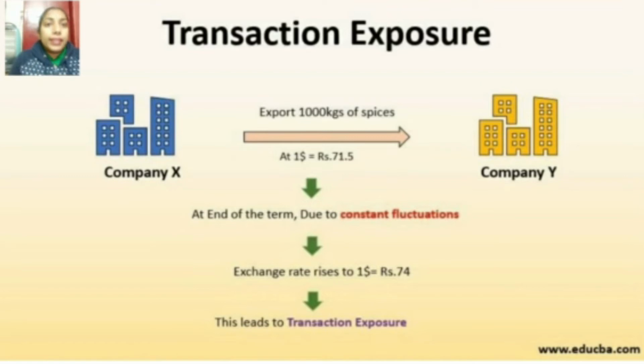Now, at the end of the term, because there are constant fluctuations in the exchange rate, the exchange rate has risen to $1 equals rupees 74. Now this leads to the transaction exposure. So the constant fluctuation in the exchange rate will lead to the transaction exposure.